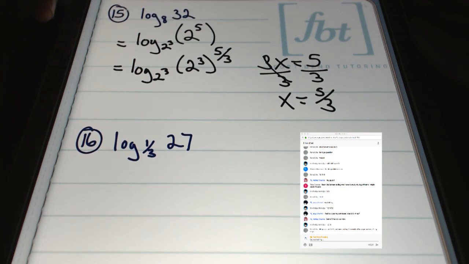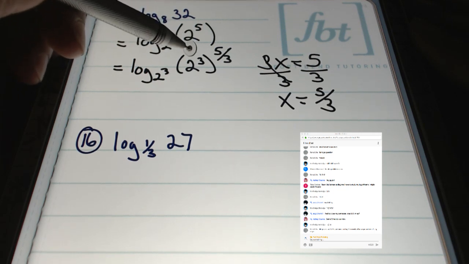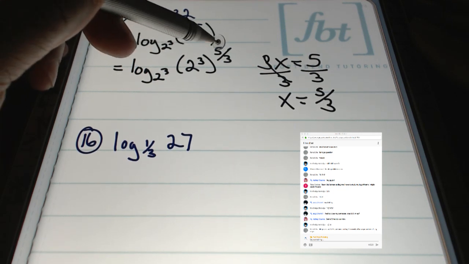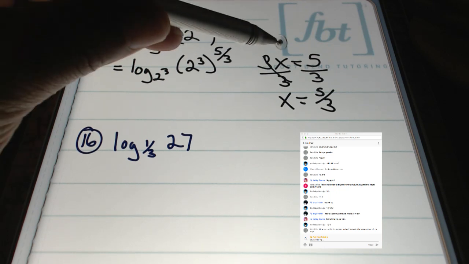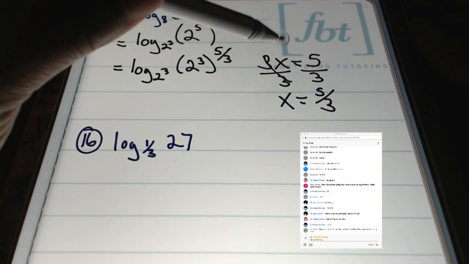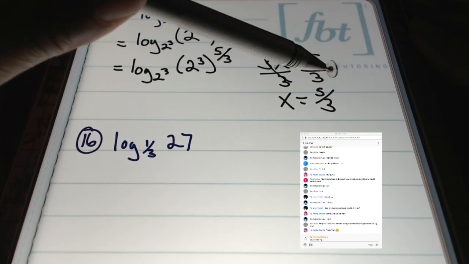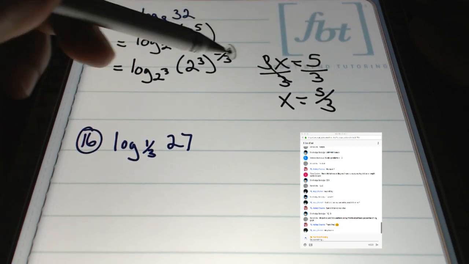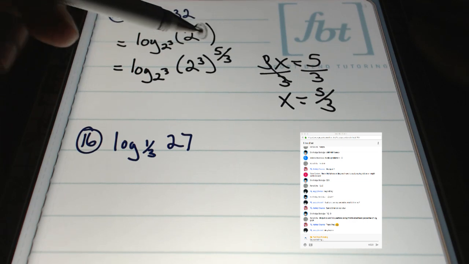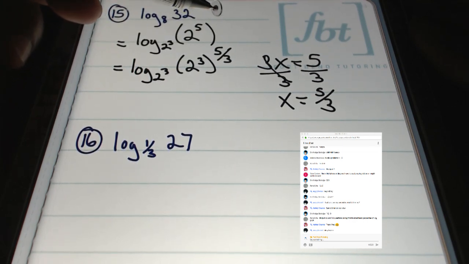Then to use the same base as the argument here, raised to a power, we said 3 times what will give me the 5 that I had to give me that original 32 value, that 2 to the 5th power. Then we solve for that unknown by dividing both sides by 3 to end up with 5/3 being the exponent that will multiply. Because anytime you have a monomial raised to a power, those exponents multiply together.